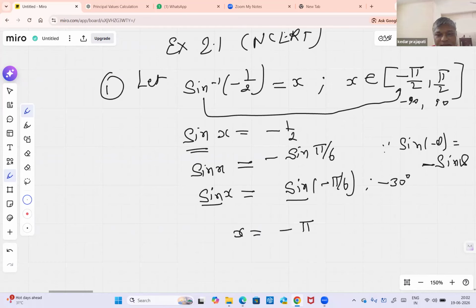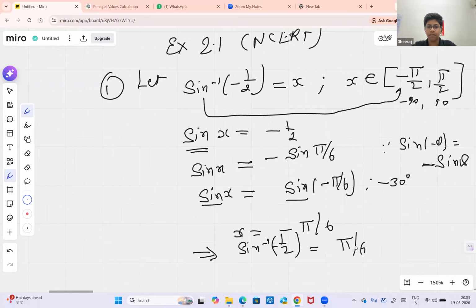Minus pi by 6. So the value of sine inverse minus 1 by 2 is equal to minus pi by 6, because it was asking to find the principal value using the principal value range. Clear?